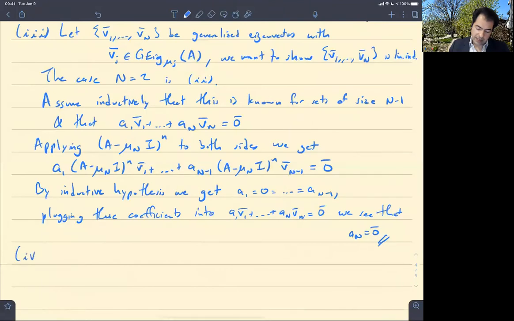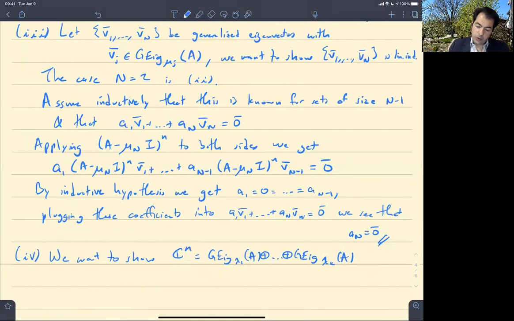Property 4 says that we want to show that Cn is equal to the topological direct sum of the generalized eigenspaces. What does this mean? We're claiming that every vector in Cn can be written as a sum of generalized eigenvectors, and that it can be written in that way in only one way, right?